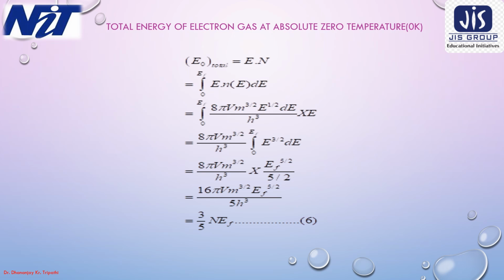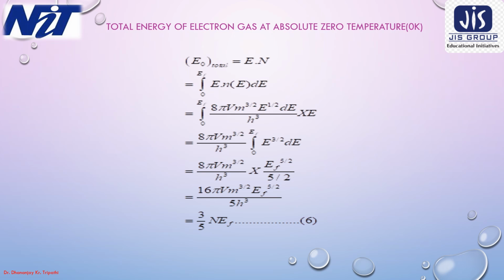So we will put the value of G(E). We have discussed in the last that the value of G(E) is the number of quantum cells per unit energy range. So the final expression will be the integral from 0 to EF of 8 pi V m^(3/2) E^(1/2) dE by h cube into E.